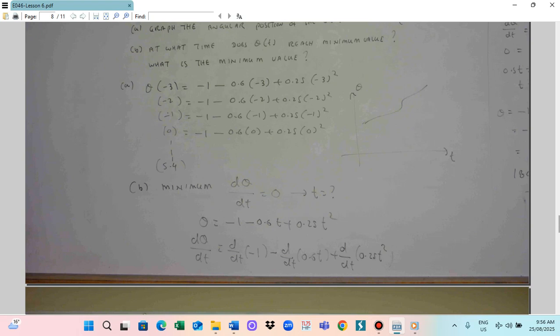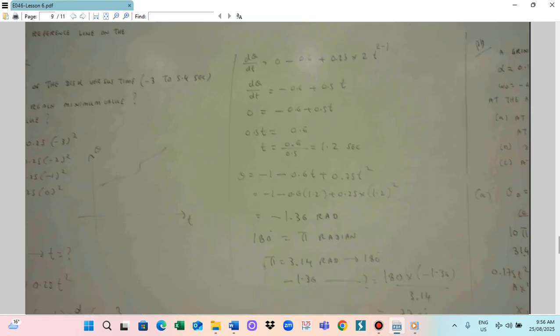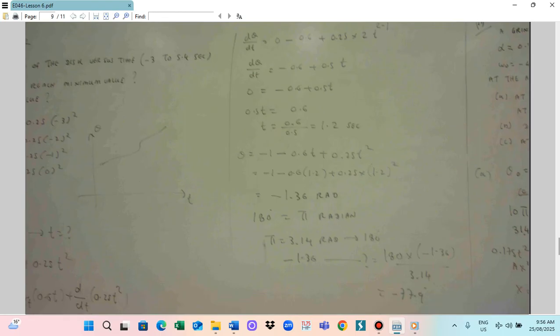Therefore, we differentiate to get d theta by dt. So d by dt of minus 1, minus d by dt of 0.6 t, plus d by dt of 0.25 t squared. d by dt of minus 1 is 0, d by dt of 0.6 t is minus 0.6, and d by dt of 0.25 t squared is 0.25 into 2 t to the power 2 minus 1.